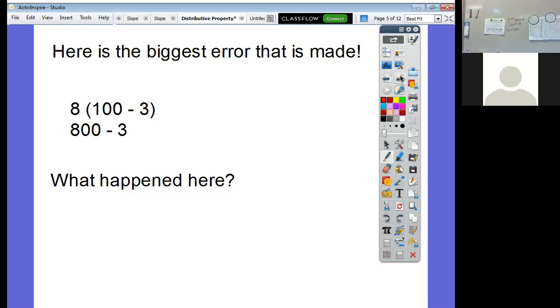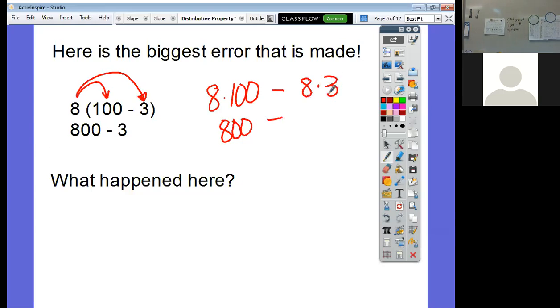Oh, good answer. You're right. So they went ahead and they distributed the 8 times 100 to get 800. But they should have distributed the 8 times the 3. So instead of getting 3 here, they got 24. They should have gotten 24.